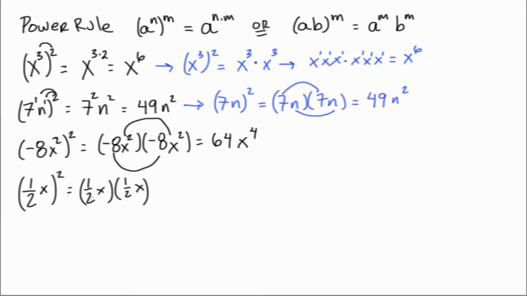So half times half. Multiply the top, multiply the bottoms, and that gives you 1/4. And then x times x, we know that to be x squared.